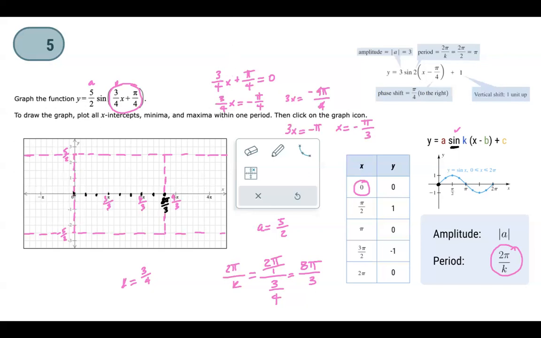So if I didn't have a phase shift, it would start here and here, exactly at the middle of my box. I would have another x-intercept. In between, I would have the maxima, and in between, I would have the minimum. And the graph would go something like this.